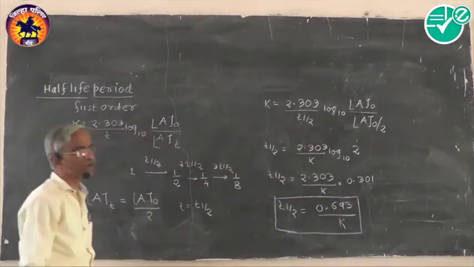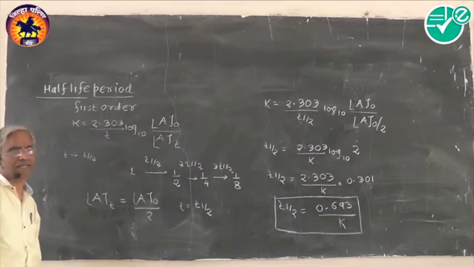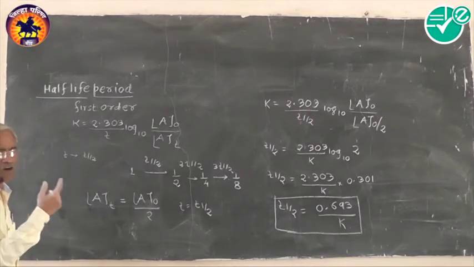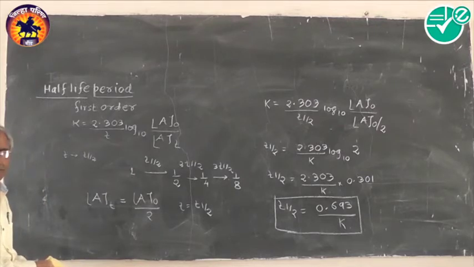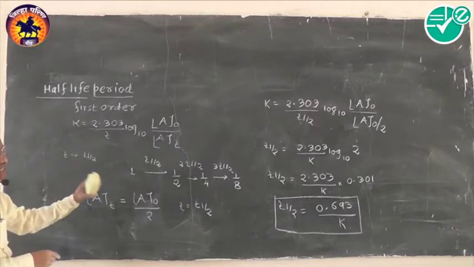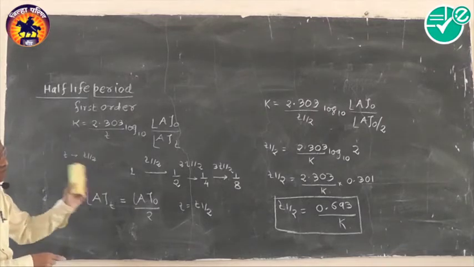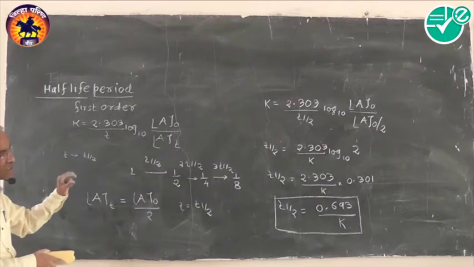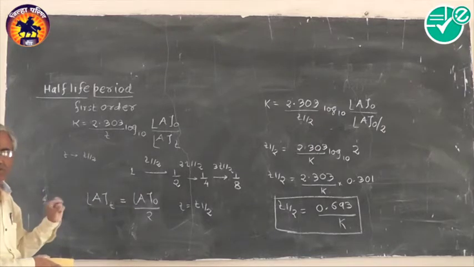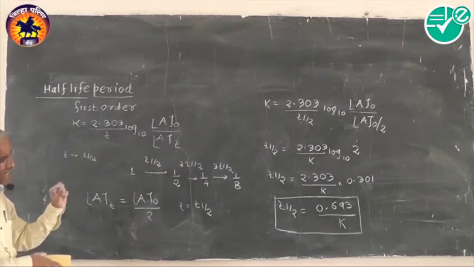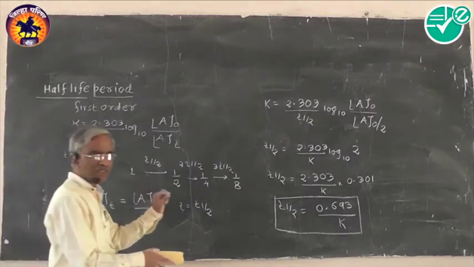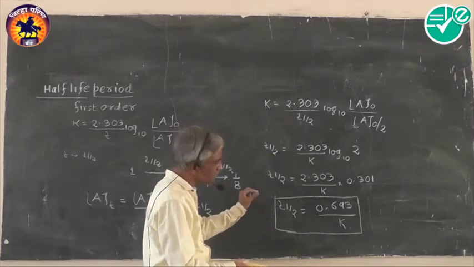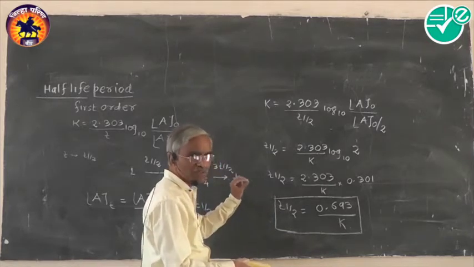Now what is the conclusion? The conclusion from the half-life period indicates that the time required for the reactant concentration to reduce to its half is found to be independent of initial concentration. This equation does not have any term related to concentration, therefore it is said to be independent of the concentration of the reactant.